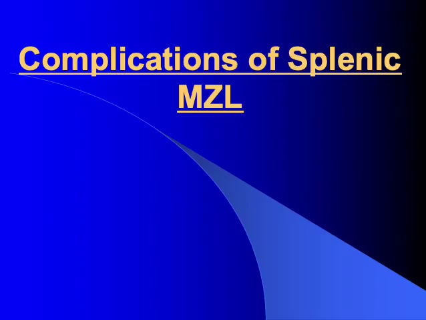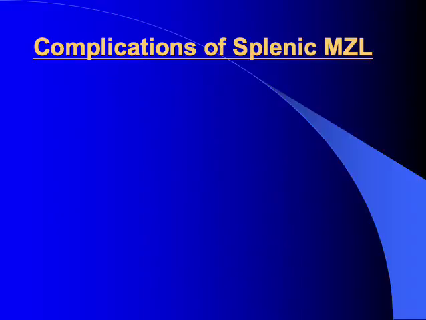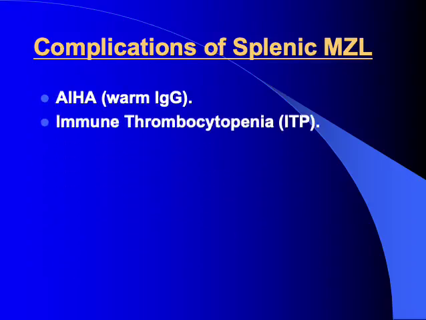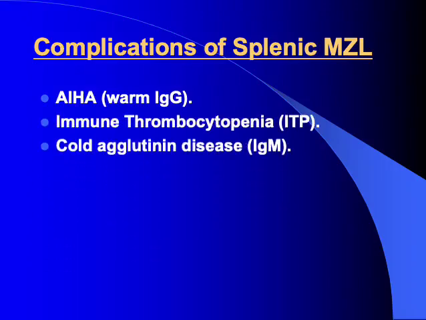Now, complications of splenic marginal zone lymphoma. Autoimmune hemolytic anemia, usually warm IgG antibody autoimmune hemolytic anemia. Immune thrombocytopenia or ITP. Cold agglutinin disease, it's an IgM.